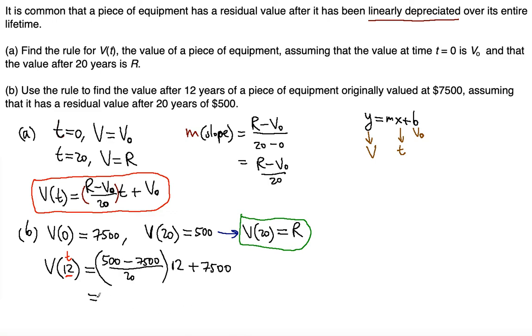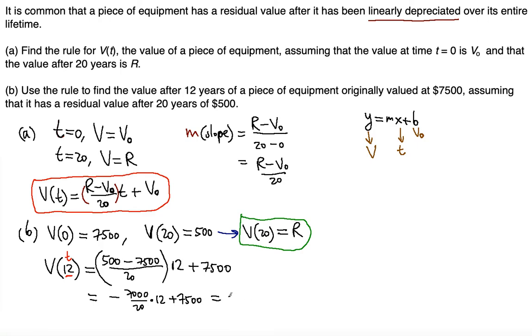So 7,500. So what does that equal to? Let's see. This is equal to negative 7,000 over 20 times 12 plus 7,500. Okay, I'm going to do this without the calculator. I'm pretty sure it's doable.